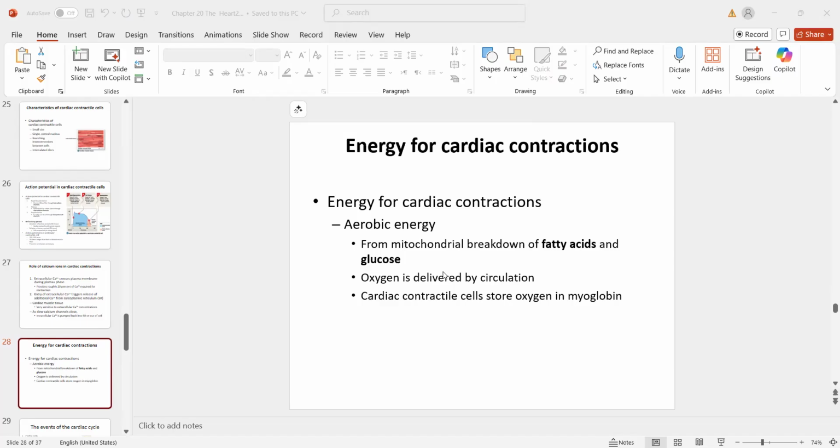In addition to obtaining oxygen from the coronary circulation, cardiac contractile cells maintain their own sizable reserve of oxygen, and in these cells, oxygen molecules are bound to the heme units of the myoglobin molecules.